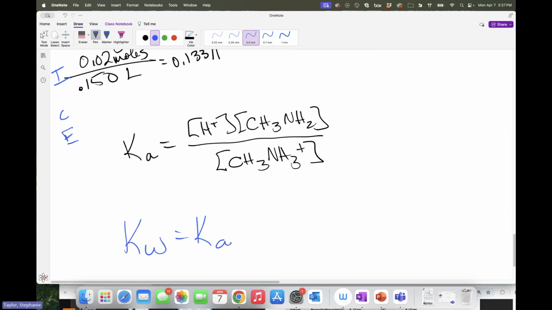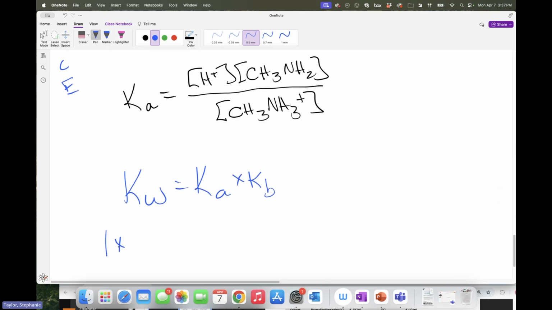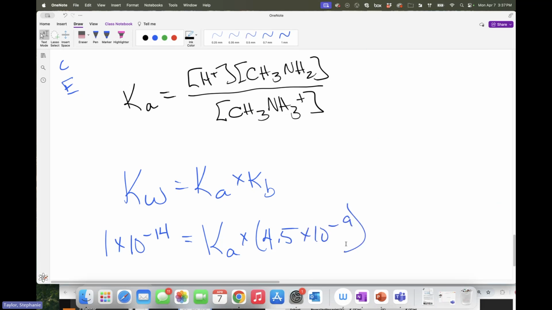Kw is equal to Ka times Kb. So I have Kw memorized. It's not on the potentially useful information page. So I have that memorized. And my Kb value is 4.5 times 10 to the negative 9, according to my problem. Now we're just going to cross our fingers that the math works.